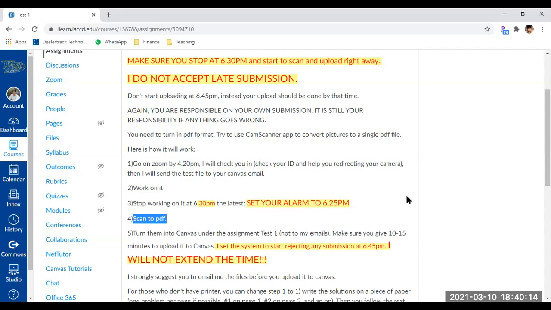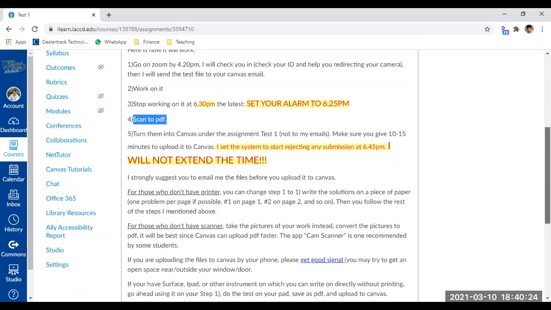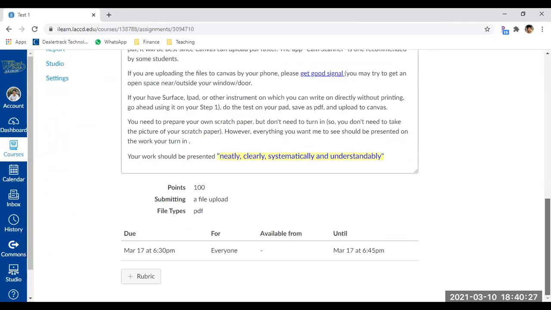Now you have approximately 10 to 15 minutes to upload it to Canvas. So you stop working at 6:30, and your submission should be done by 6:45. This means once the clock hits 6:45, the system will not accept your submission anymore.